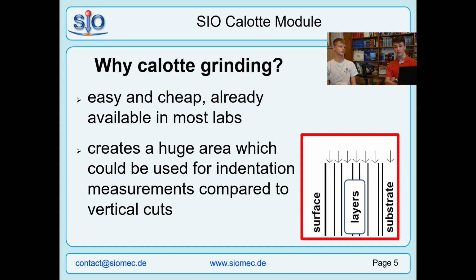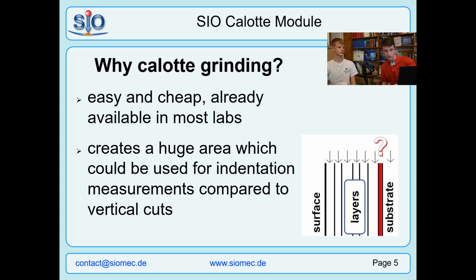But the problem with that is that the areas in which you can do your tests are much smaller than in this huge crater, where you have a lot of space to analyze your layers, as you can see in this video. For example, in this layer, we don't even have any measurement points, because it is just such a small area.